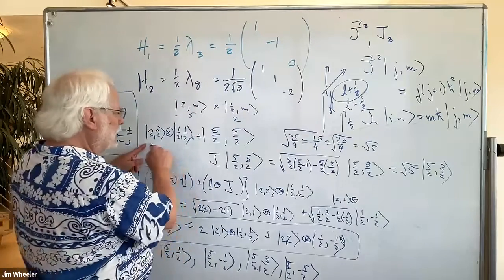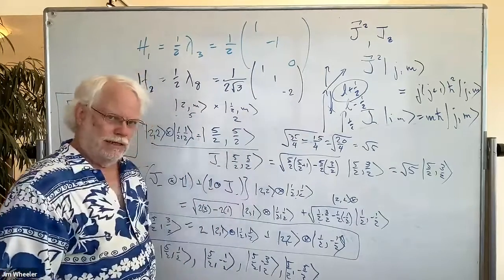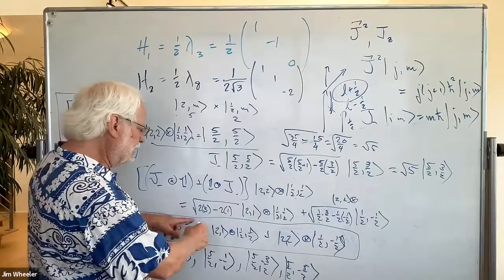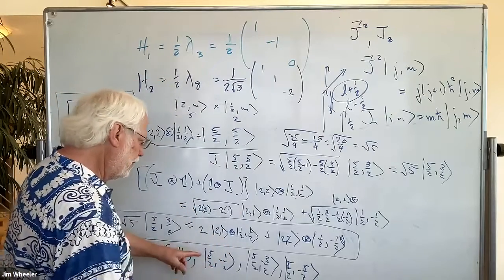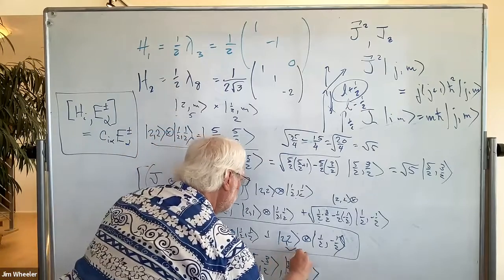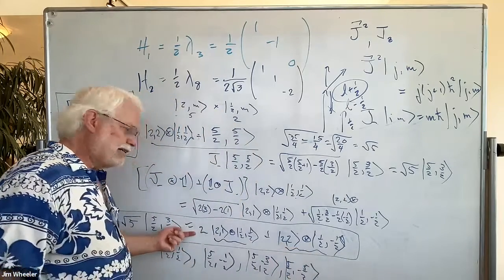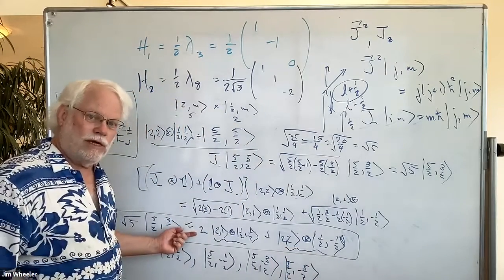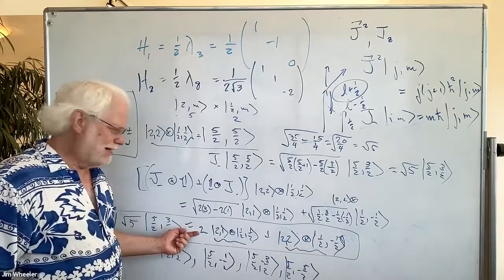Now, that highest state was unique, but this next state down, I could write a linear combination of this and that is orthogonal to this one. There's exactly one state orthogonal to that.